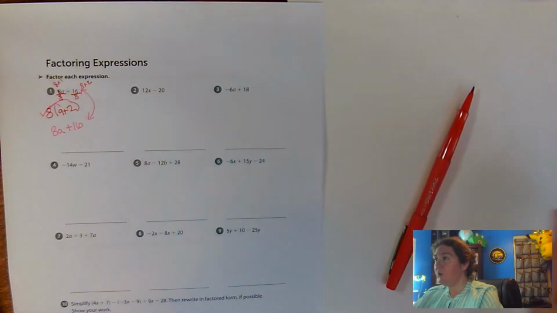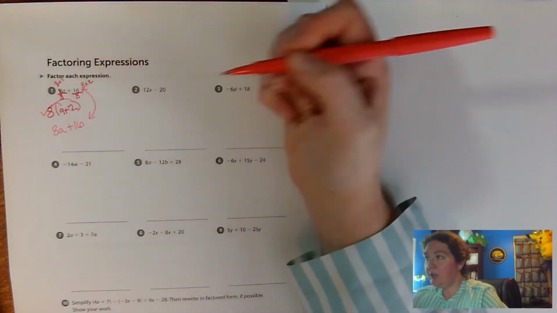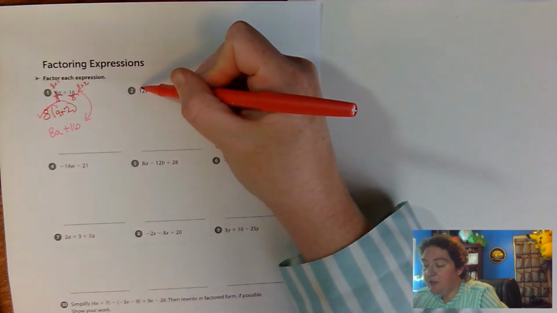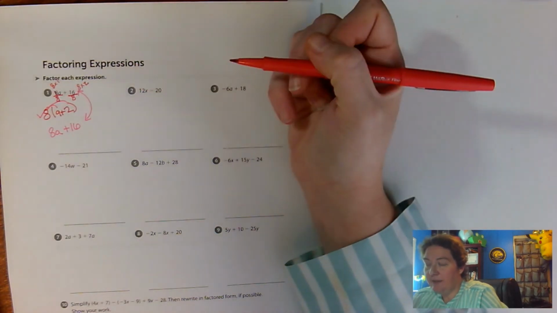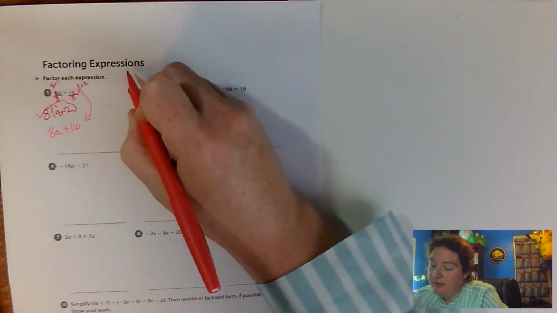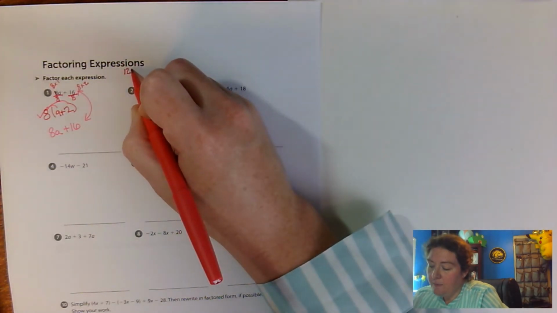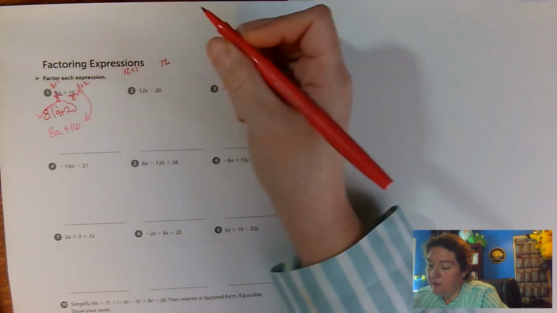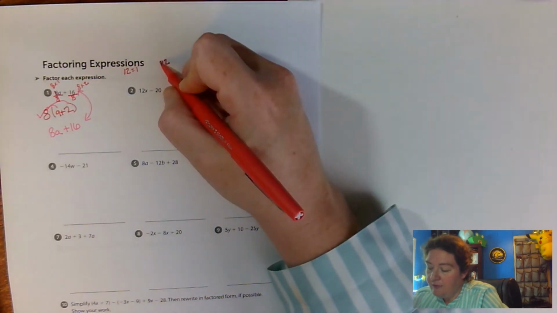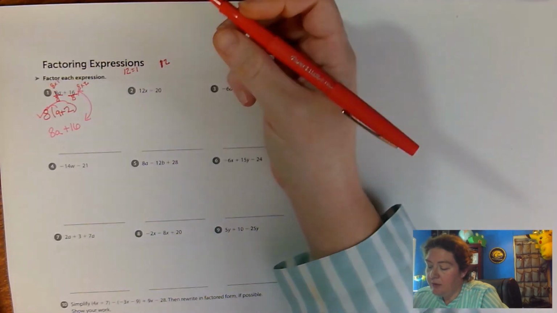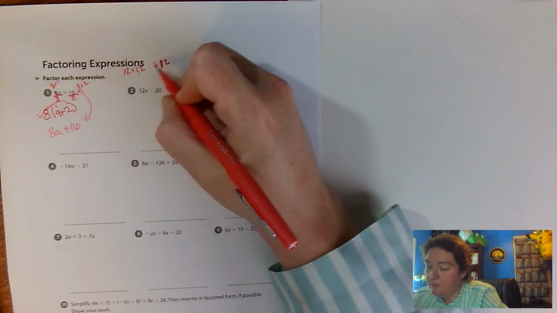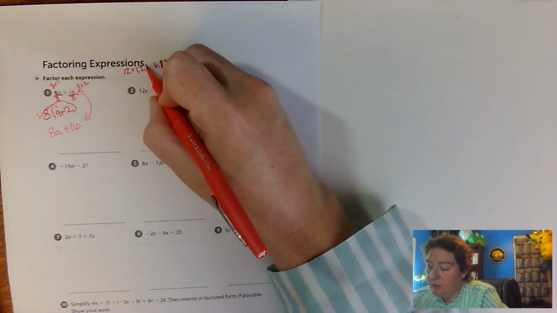Alright, we're going to look at number 2. What does a 12x and a negative 20 have in common? Well, if I list my factors of 12, I know I've got 1 and 12. Not a negative 12, it's regular 12. I have a 2 and a 6 and a 3 and a 4.